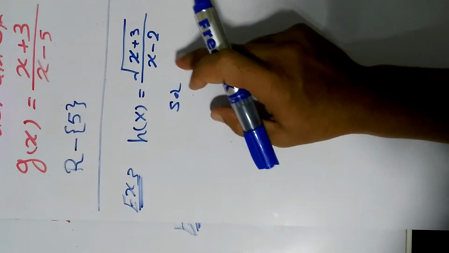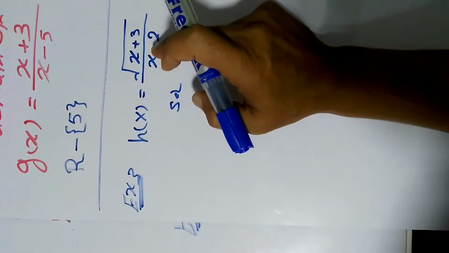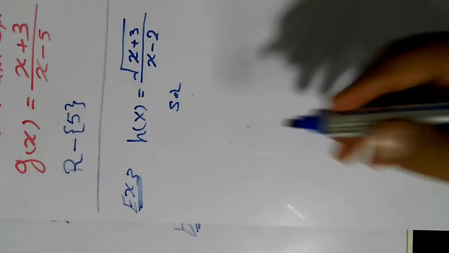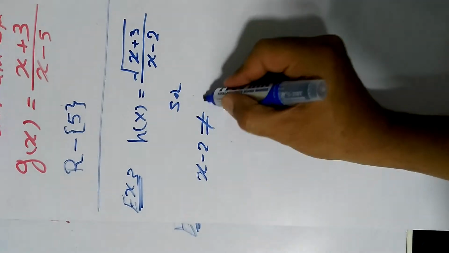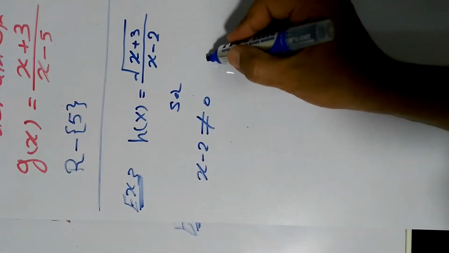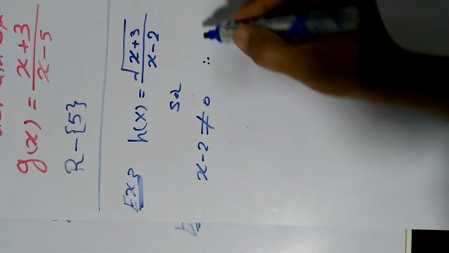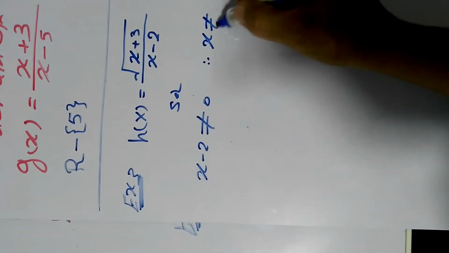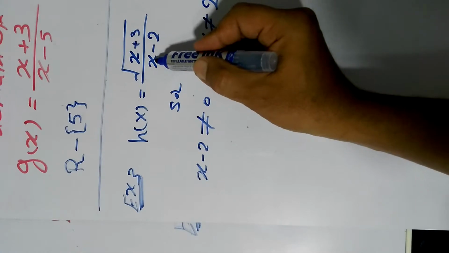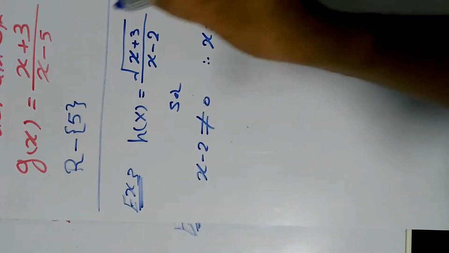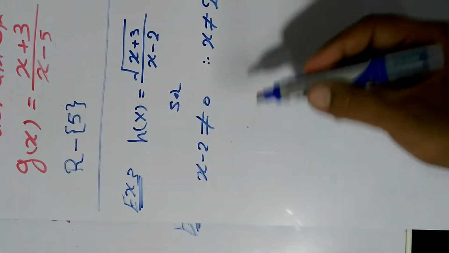Here we have to look at the numerator and the denominator. The denominator, which is x minus 2, cannot be 0. It means that x cannot be 2, because if x equals 2, the denominator will be 0, and then the whole value would be undefined.